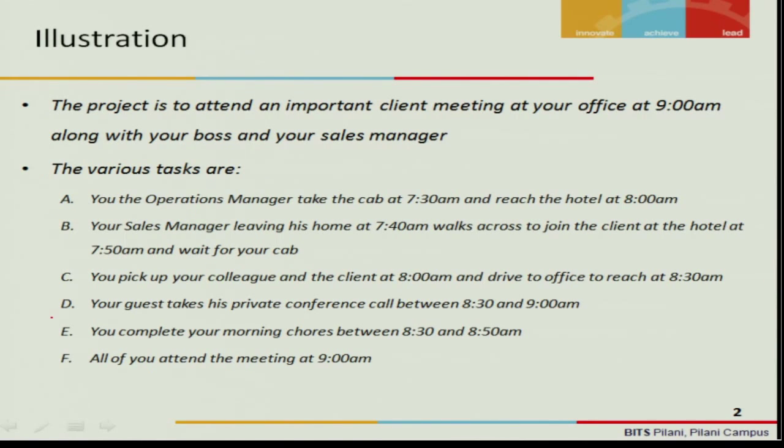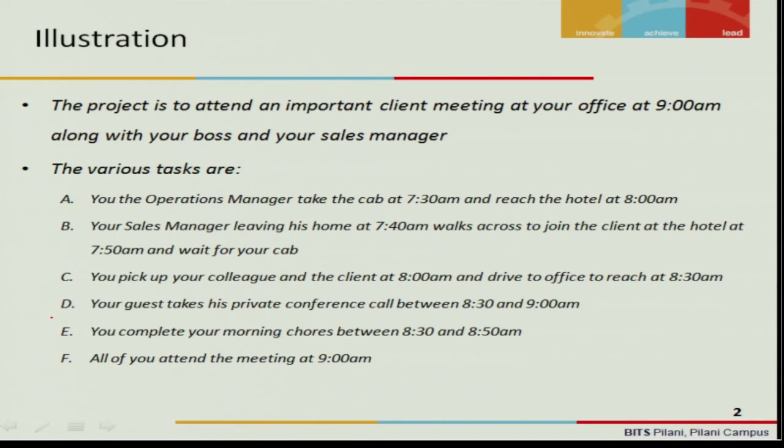The various tasks involved are: A. You, the operations manager, take the cab at 7:30 from your home and reach the hotel where the client is staying at 8 a.m. Your sales manager, who lives close to the hotel, just walks across starting at 7:40 a.m., reaches the hotel at 7:50, just yaps with the client, and then waits for your cab.